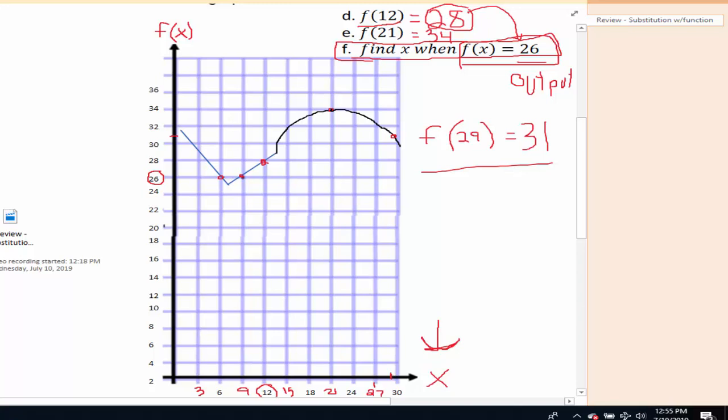So I have 2 answers for x. So when f of x is 26, x is 6, but also, put a comma here, x can be 9. So it's both. Both are the answer.